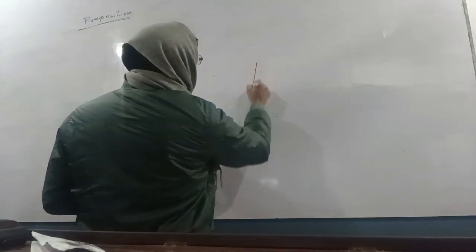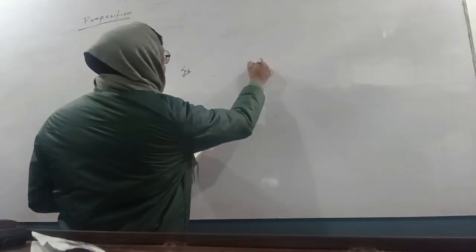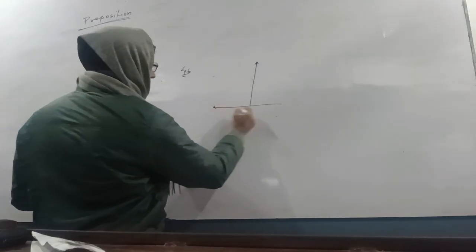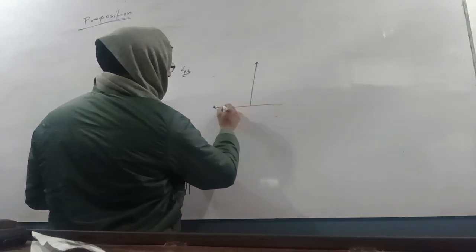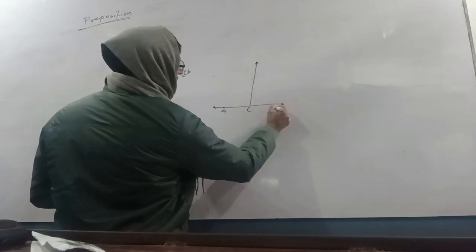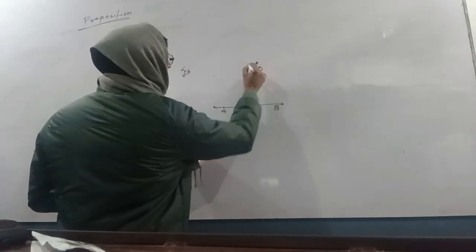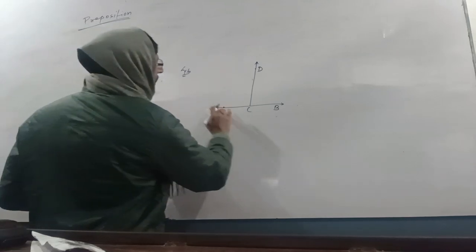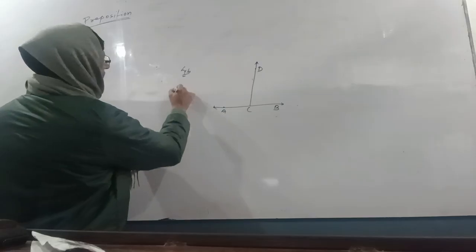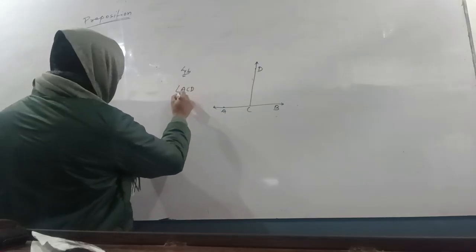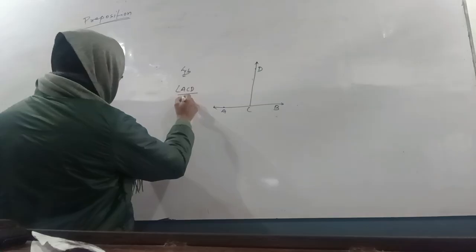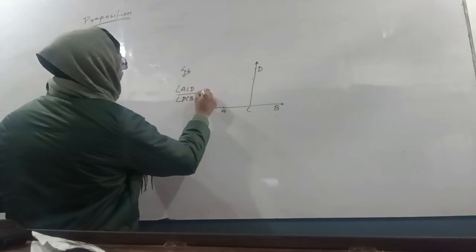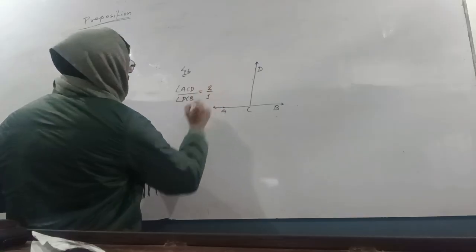Here are angles ACD and DCB. The ratio of angle ACD and angle DCB is given as 2:1.